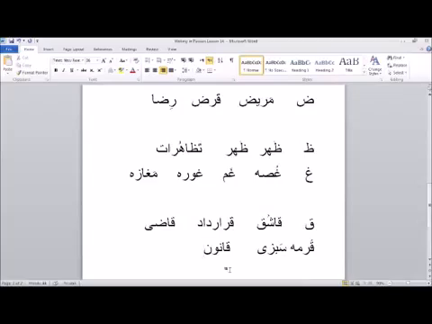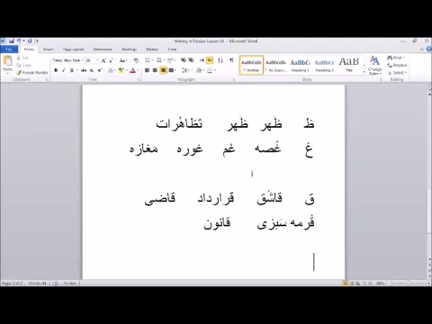One more. Oh, ain. So we have something similar like this, which is qain, but it doesn't have a dot, and that's ain. Example would be my name, Ali, the name for a boy.